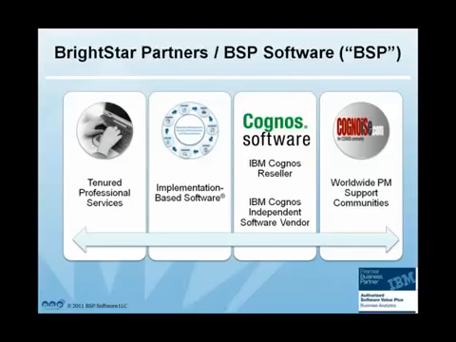Brightstar Partners and BSP Software, collectively BSP, is comprised of 4 departments. First, we are a professional services organization implementing the full suite of IBM Cognos products. So we have an incredible team of Cognos experts in-house that are out in the field performing reporting and modeling projects, Cognos upgrades, on-site training courses, and technical workshops. Through our implementation, by seeing either what we felt were gaps in technology or just simply areas where we could automate time-consuming tasks, that's what led us to build our implementation-based software solutions.